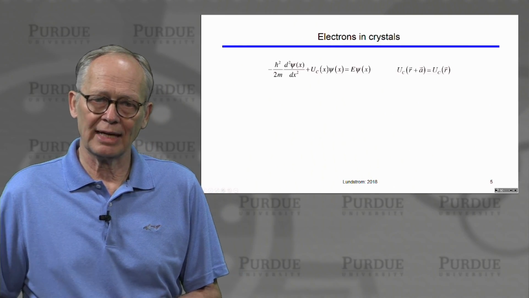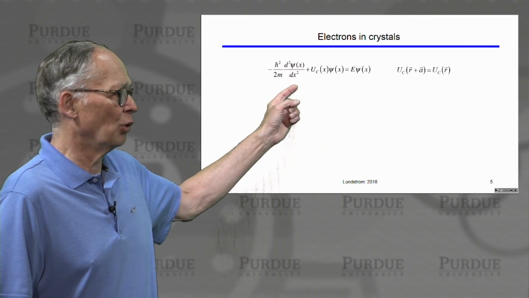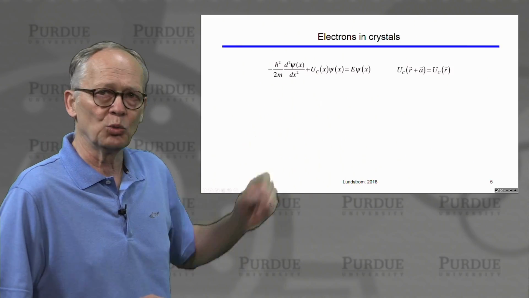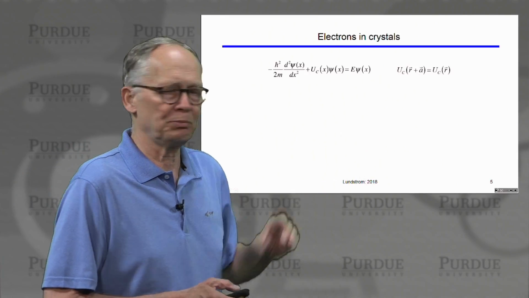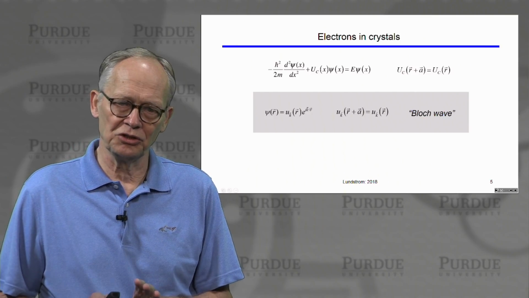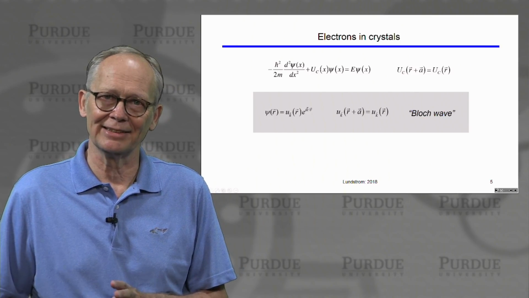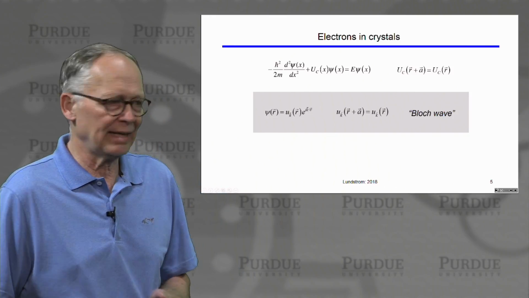Well, to understand how electrons behave in semiconductors, we need to solve this more complicated wave equation with that more complicated crystal potential, understanding that it is periodic. Well, it turns out that the solutions to this equation have been studied in detail by physicists and mathematicians, and the solutions can be shown to have this form.